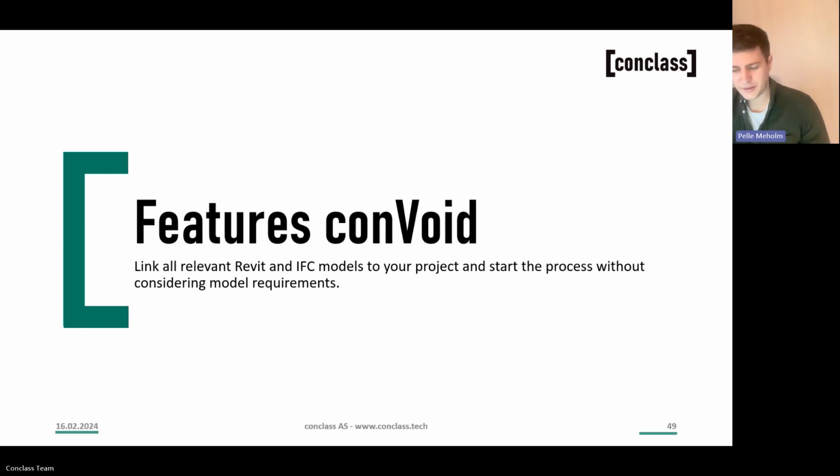ConVoid provides a full workflow to coordinate and create and update openings in small and large-scale projects. So it can handle up to 40,000 openings in one single project. And most of the projects are with the architect, MEP engineer, structural engineer, and the fire safety engineer.